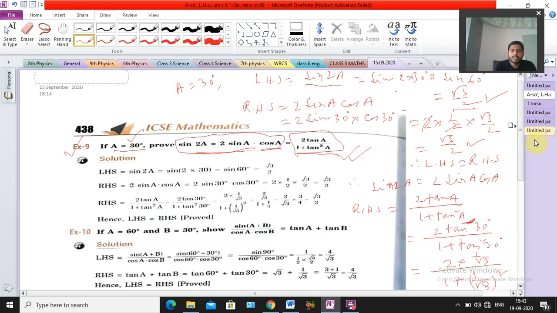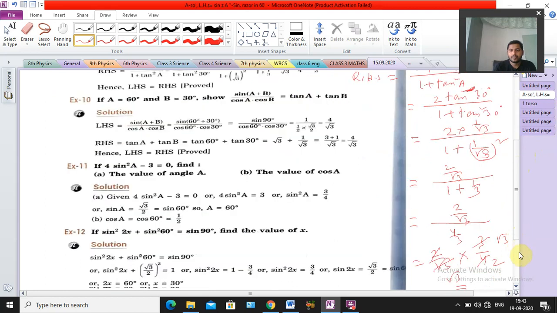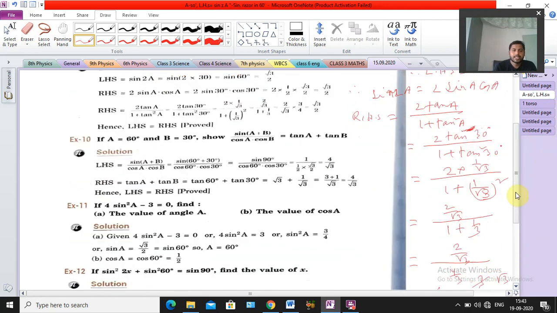Question number 10 is telling here. Example 10: A equal to 60 degree given and B equal to 30 degree given. So sin(A+B) by cos A cos B equal to tan A plus tan B. That is the question.